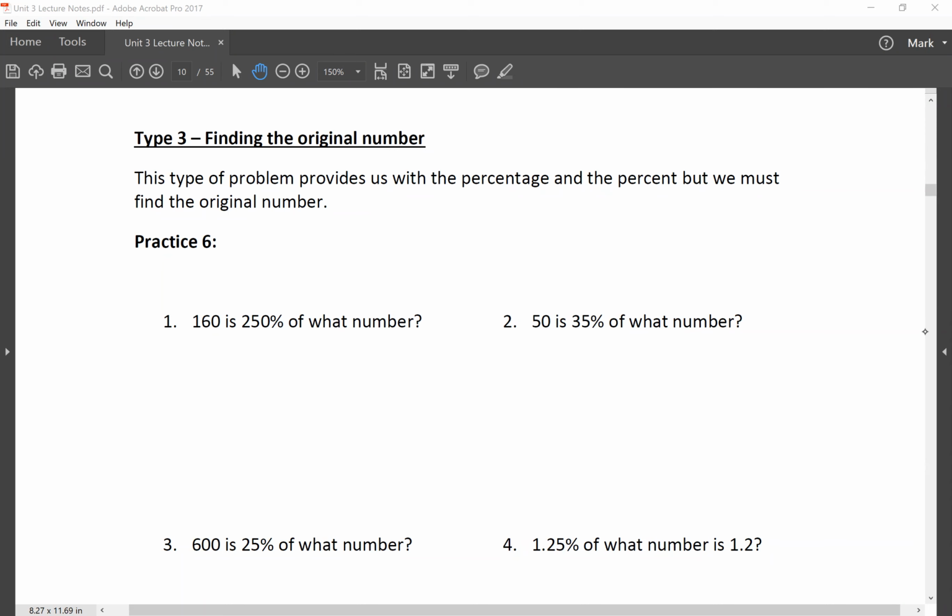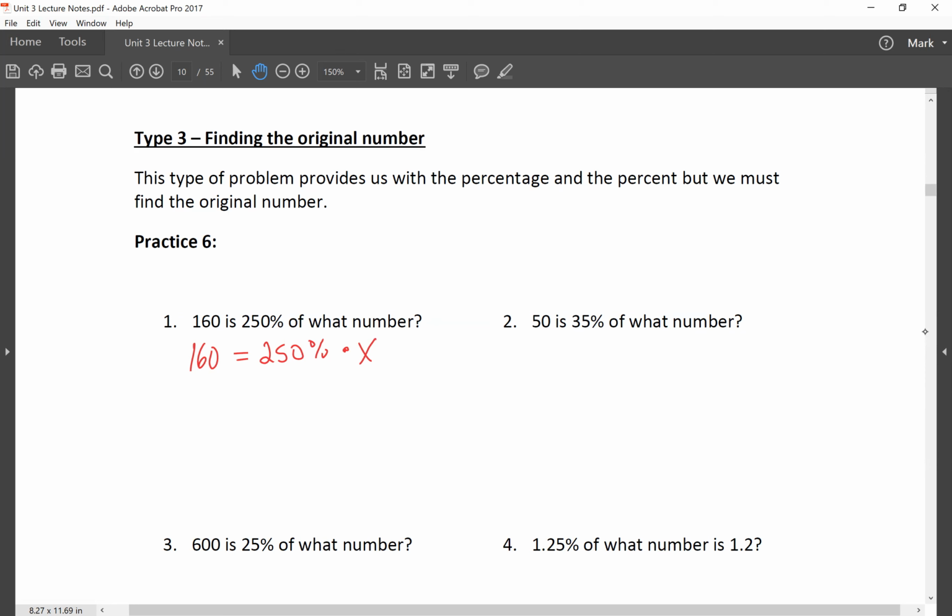So 160 is 250%. Now, I'm not actually going to use that percent. I'll talk about that in a second. Which means multiply, what number. So every aspect of that sentence I've converted into the equation.